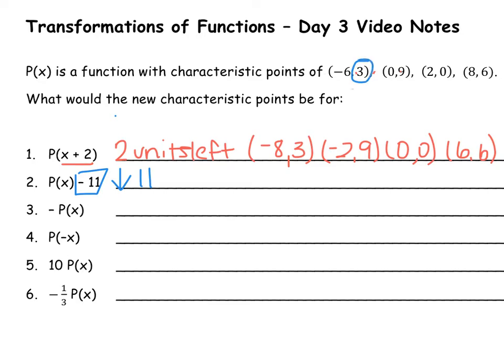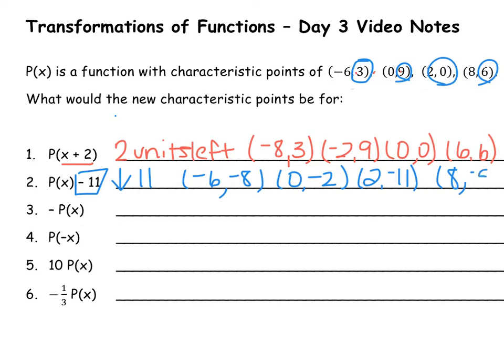Our range is going to change. So our x will stay the same, and then 3 minus 11 is negative 8. Second point, x stays the same, 9 minus 11 is negative 2. We're going to subtract 11 from the y value here, and we get 2, negative 11. And then for our last one, we get 8, negative 5.